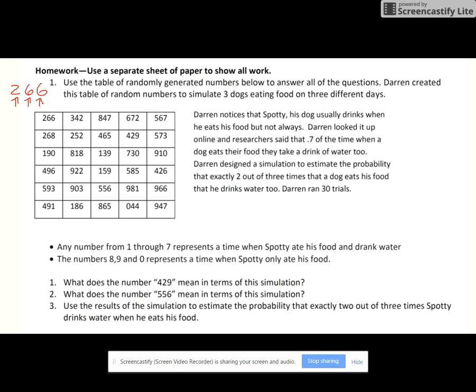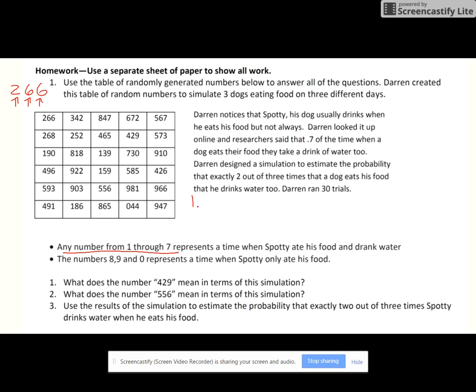Well, it says here, Darren notices that his dog Spotty usually drinks when he eats his food, but not always. So Darren looked it up online. Research said that 70% of the time, 0.7 as a decimal, when a dog eats their food, they take a drink of water too. So Darren designed a simulation to estimate the probability that exactly 2 out of 3 times that a dog eats his food, he also drinks water too. So we're going to use the numbers 1 through 7 to represent a time when he ate his food and drank water.